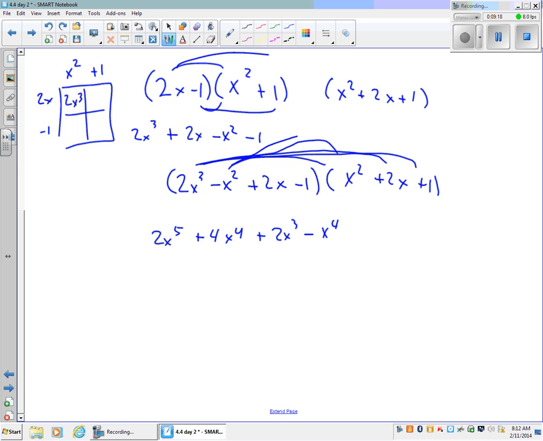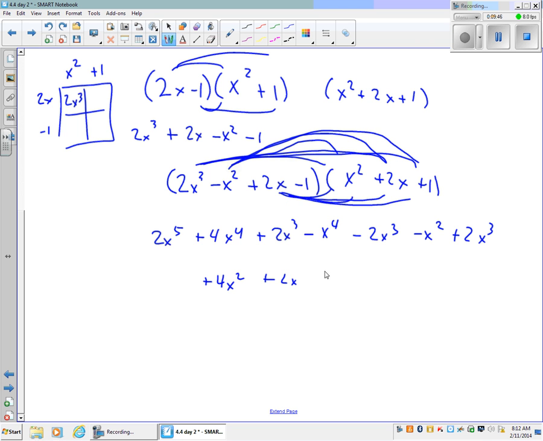And then negative x squared times the 2x is going to be minus 2x to the third. Negative x squared times the 1 is negative x squared. 2x times x squared is positive 2x to the third. 2x times 2x is positive 4x squared. 2x times 1 is positive 2x.